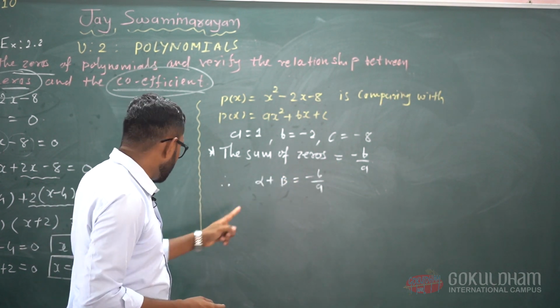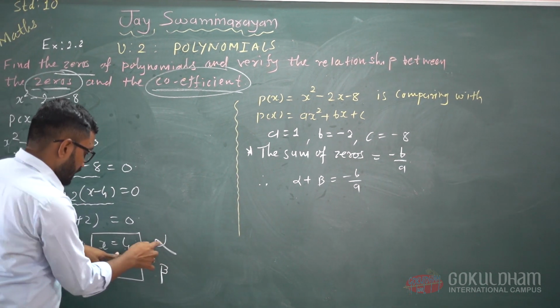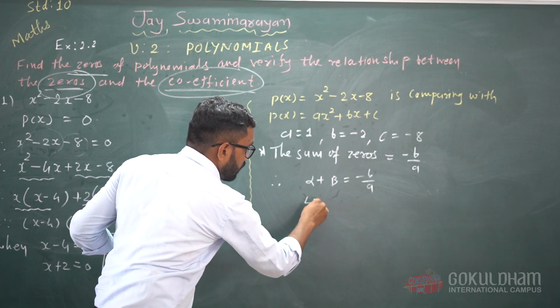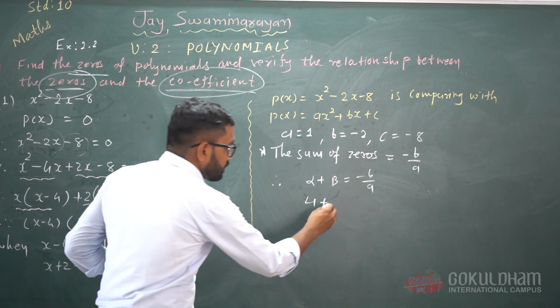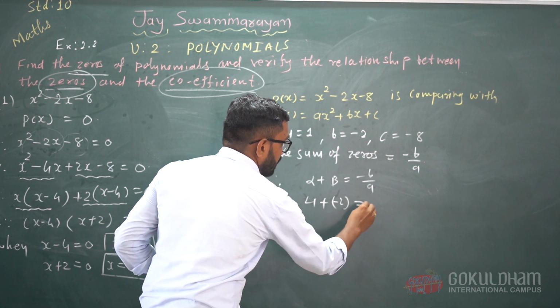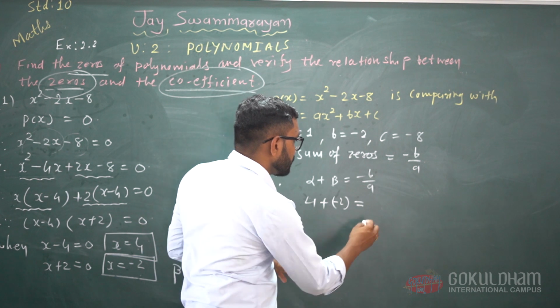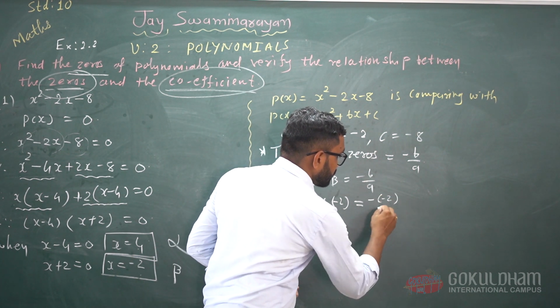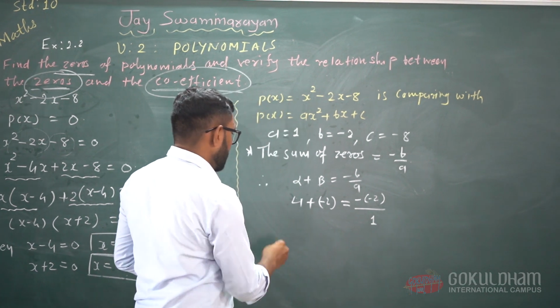The value of alpha is 4, and the value of beta is minus 2. The value of b is minus 2, so minus b is 2, and the value of a is 1.